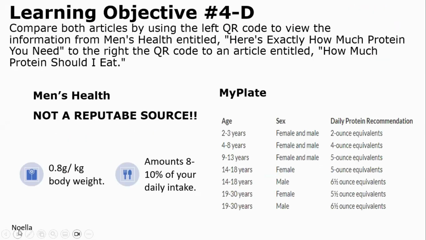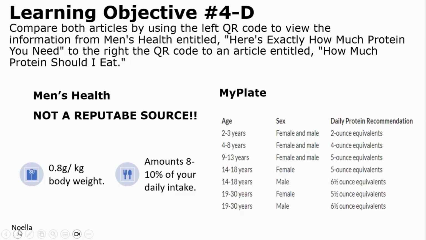And finally, let's move on to our learning objective 4D. Compare the two articles mentioned in the QR code to view the information from both Men's Health, the article on the left, that's titled, "Here's exactly how much protein you need," to the article on the right, entitled, "How much protein should I eat?"